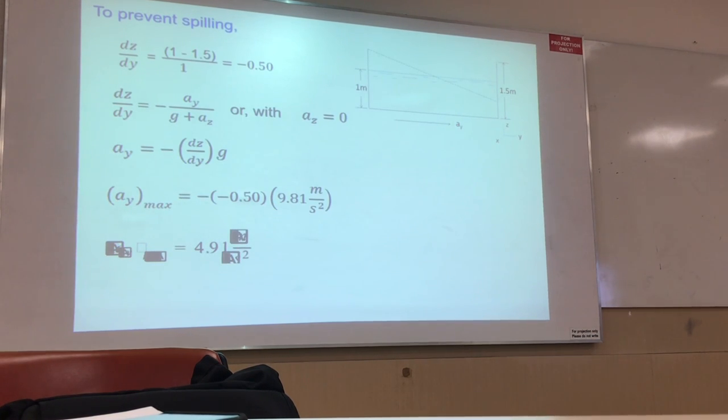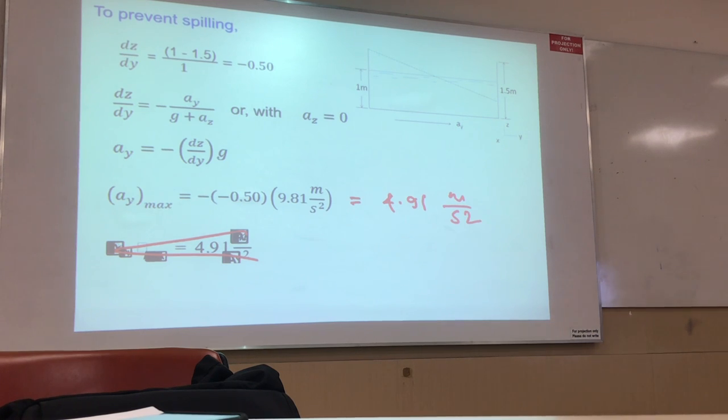Then I can find the same thing, dz by dy is minus 0.5, AY is this value, AX is this number. Answer is 4.91 meter per second square. Okay? You understand or not? Any problem? This type of question is coming in the exam.